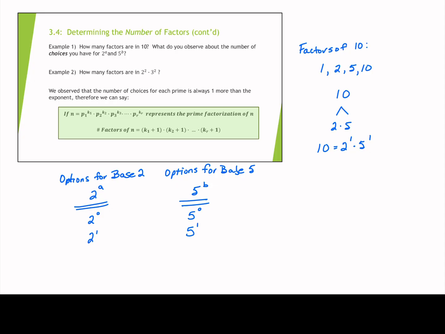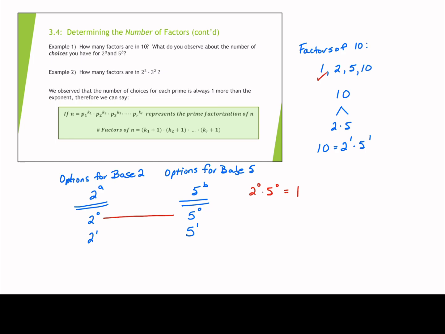From there, what we were doing is asking, how can we combine all of these options for prime bases? If we multiply 2 to the power of 0 with 5 to the power of 0, that's going to give us one of the factors of 10. So 2 to the power of 0 multiplied by 5 to the power of 0 is equal to 1 times 1, or really 1. Well, we already know 1 is a factor, so it's checking out so far.